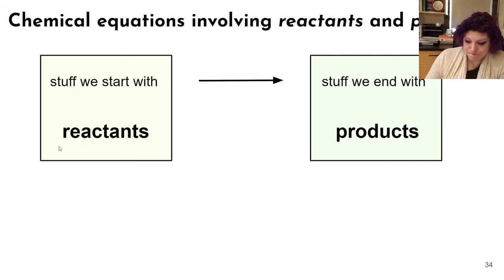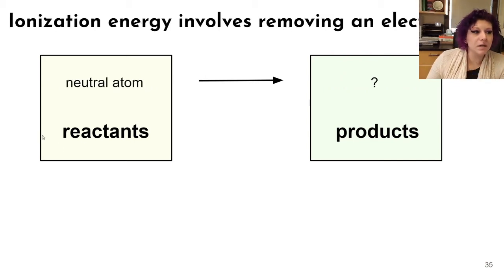Okay. So consider ionization energy. Ionization energy involves removing an electron. So our reactant here, our starting material, is a neutral atom. What do we end up with for products? There's actually two products here. Remember, we want to account for literally everything involved.